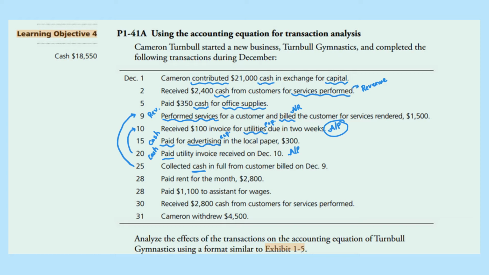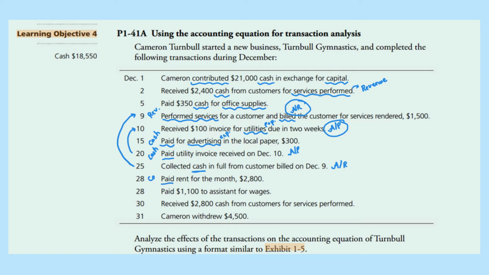So now on 25th, I did not provide service for this customer again. I collected the accounts receivable. Okay, so now accounts receivable balance will go down because I received the amount due from this customer, which is the 1,500.